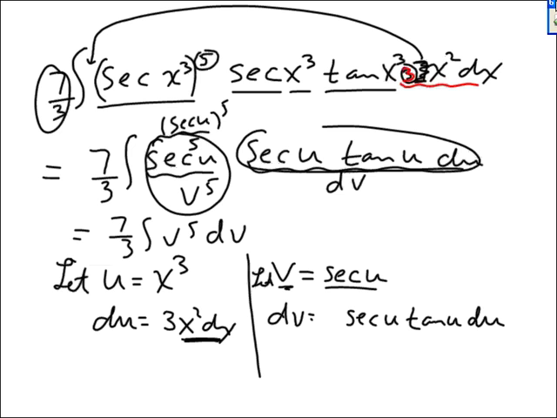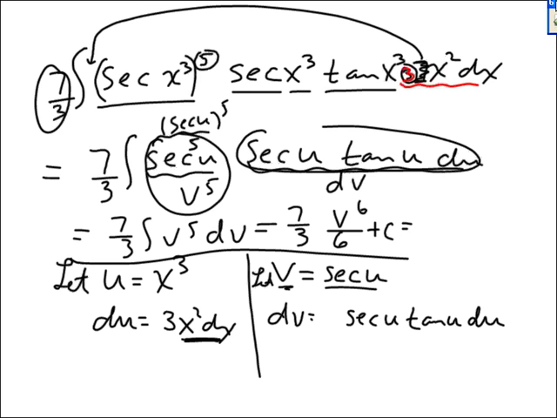Well, I know that integral. That integral is an easy one. The 7/3 stays. The integral of v to the fifth is going to be v to the sixth over 6 plus c. That is, it's 7/18. 3 times 6 is 18 times v to the sixth plus c. Well, what's v?